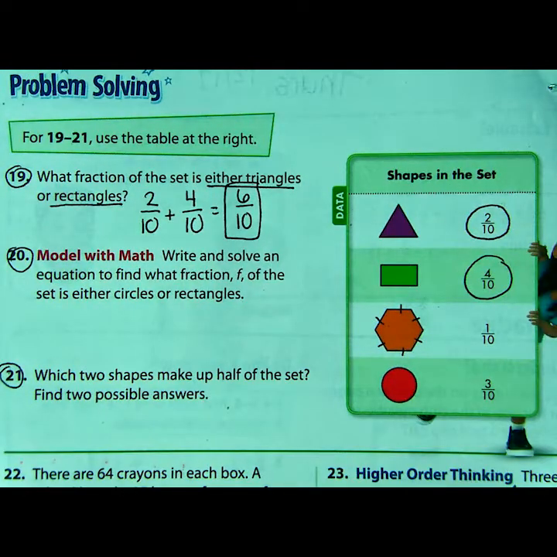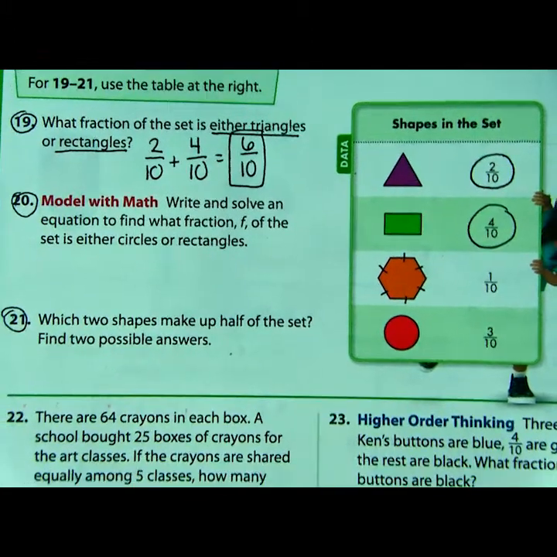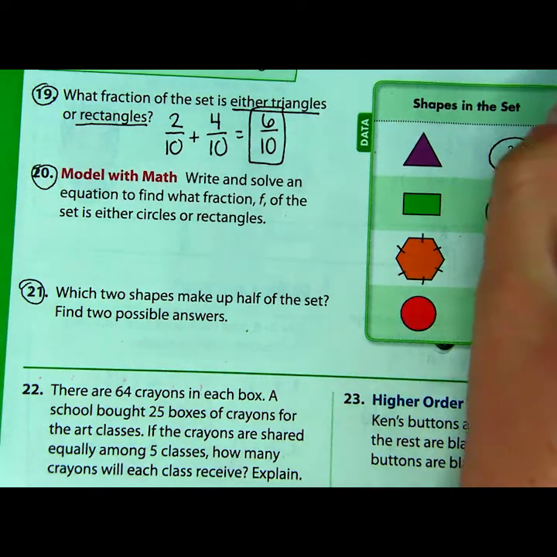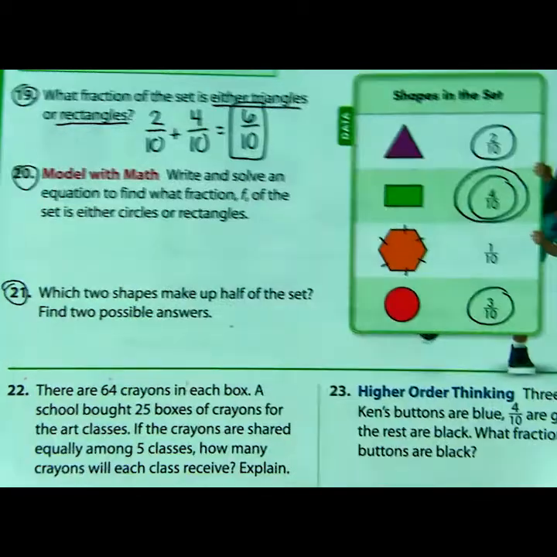Number 20. Write and solve an equation to find what fraction of the set is either circles or rectangles. So circles or rectangles. Circles, or now we're on this one, rectangles. So we're using that one again.